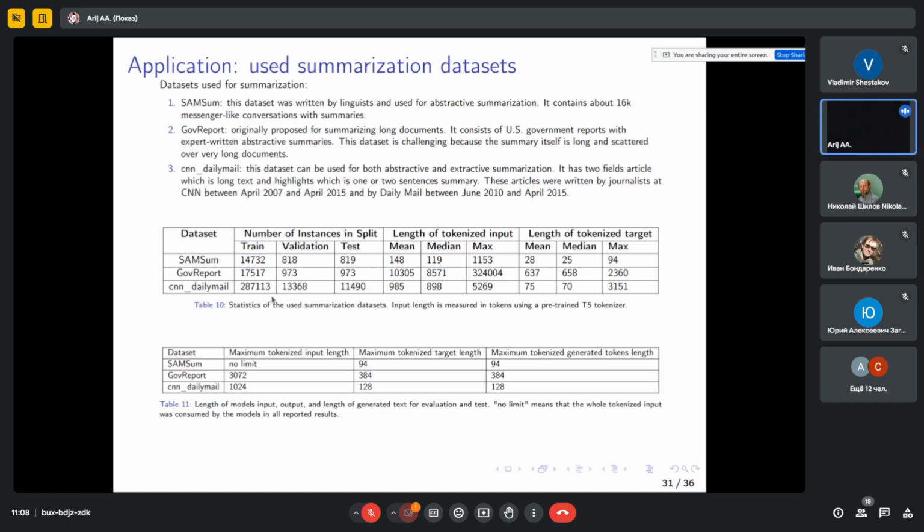We have the statistics that present the number of samples in each dataset, and the lengths of input and summary: mean, median, and max. And in table 11, we have the lengths that are used for experiments.